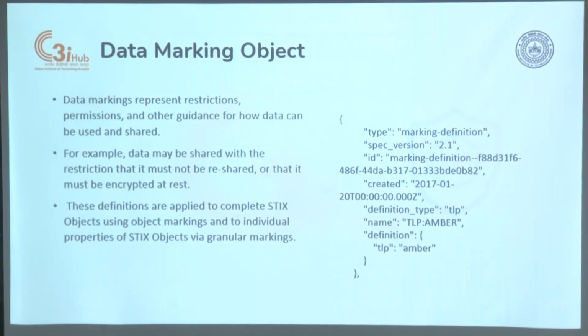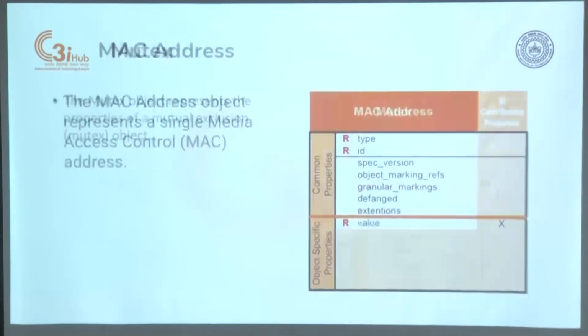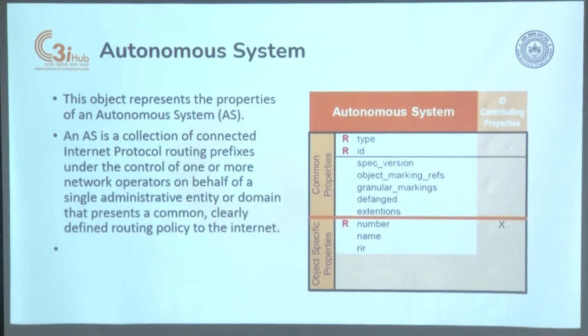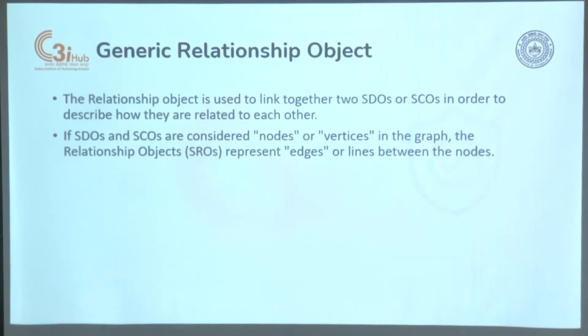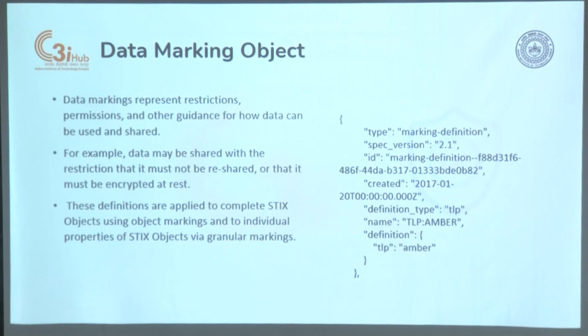But the bigger information is that you might have also noticed that we have this in every object, which we did not describe: object marking reference and granular marking. Threat intelligence is often characterized by who I can share that information with, whether the information is copyrighted and so on. I may say, okay, here is a STIX file and I am sharing it with you, but you cannot share this forward.